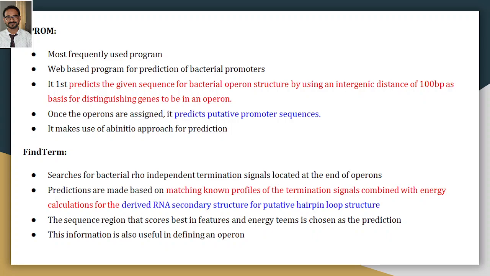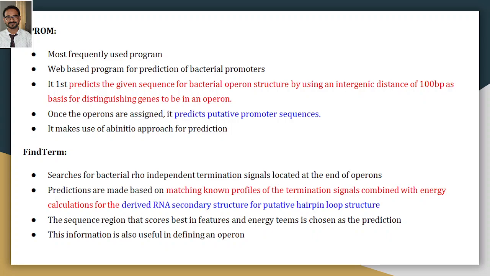Intergenic means from gene to gene. What is the distance? It has to be 100 base pairs as the basis for distinguishing genes to be in an operon, because for genes to be in one single operon, 100 base pairs should be the limit. Once the operons are assigned, it predicts the putative promoter sequence. Putative is nothing but like immature, you can say, just a pre-promoter sequence.